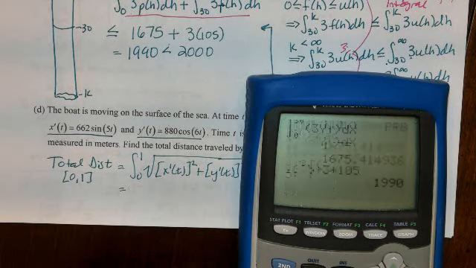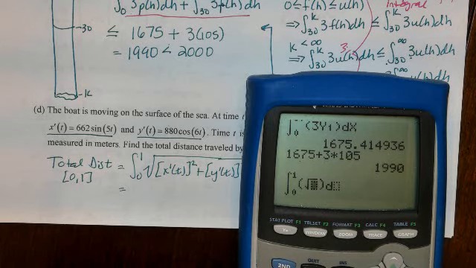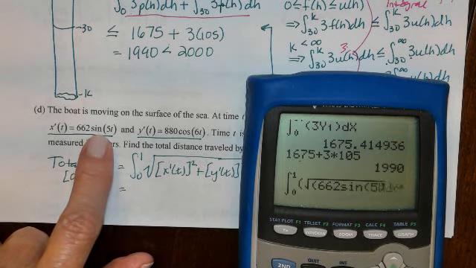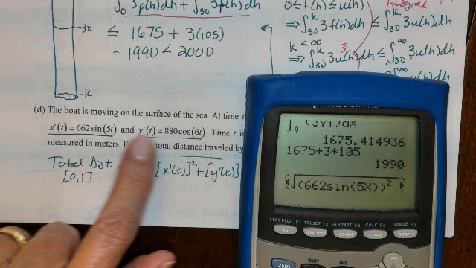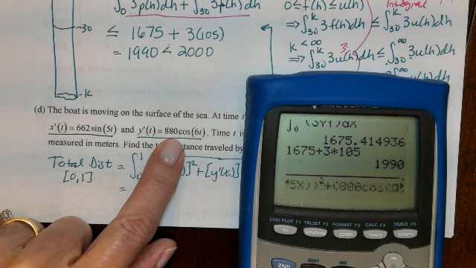So math 9, 0 to 1, square root. Okay, I need to square 662 sine of 5t. Carefully square that, right? Plus 880 cosine 6t. So carefully do that.